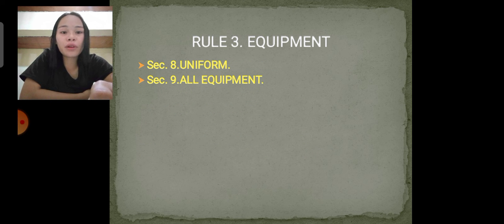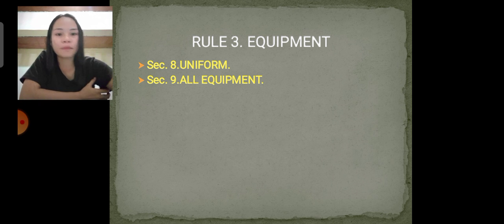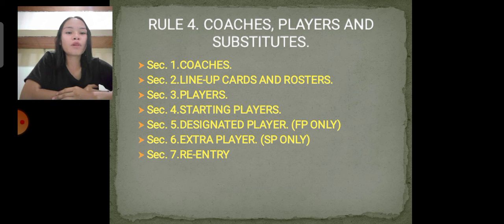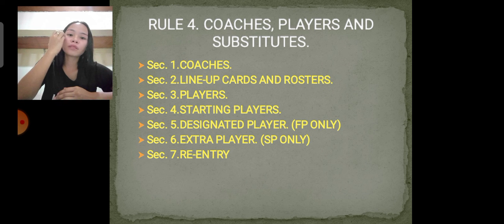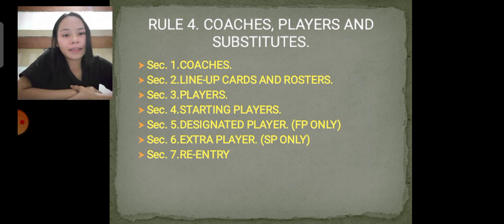So also in section number 8, the uniform they use while they are playing, and section number 9 rather, and all equipment that is going to be used while playing, by the player as well as the umpire and the other players who belong to the game. Rule number 4, coaches and players and substitutes. So dito naman sa rule number 4, the topic is entitled coaches, the players and the substitutes.